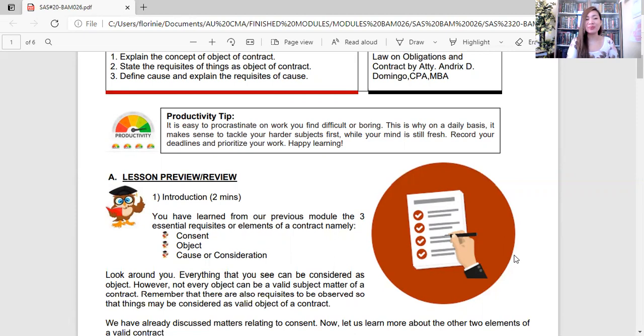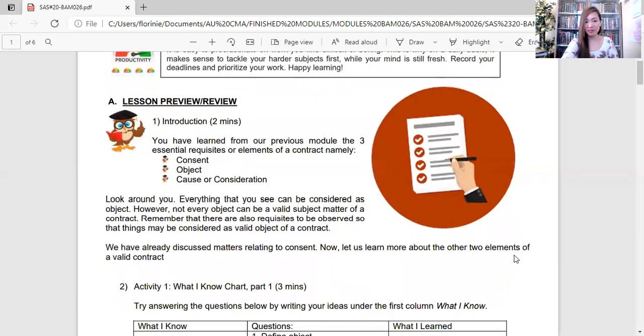Let's move on to our lesson preview or review. You have learned from our previous module the three essential requisites or elements of contract, namely consent, object, and cause or consideration. Last module, we discussed consent.